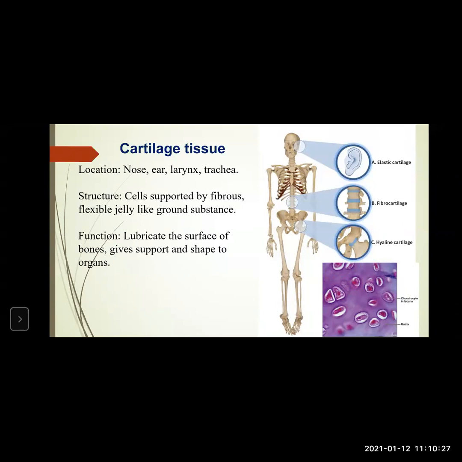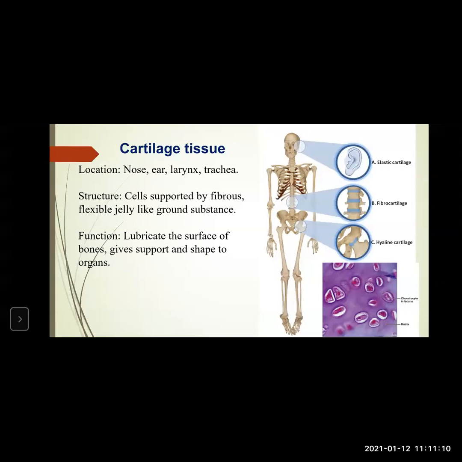Whenever there is a slip disc problem, or in the knee, if the kneecap, which is made up of fibrous connective tissue, that is cartilage, gets degenerated, it is very painful to move the legs or to walk. Why? Because due to degeneration of this cartilage, the movement causes friction of the bones. So the bones rub on each other, due to which the movement becomes painful.